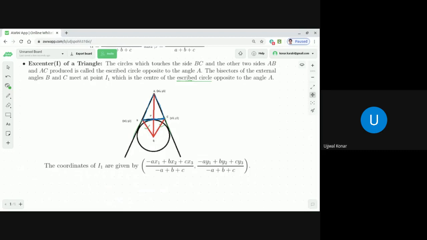The interesting point is that I1 is the excenter of the ascribed circle opposite to the angle A.